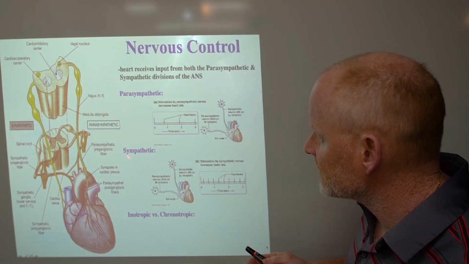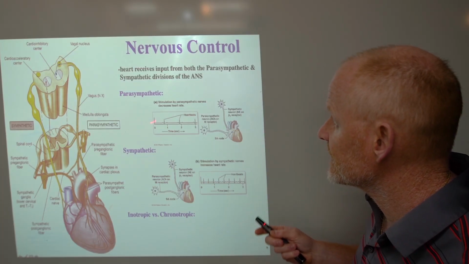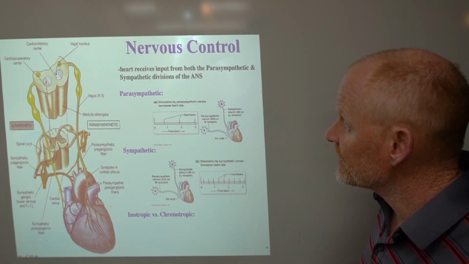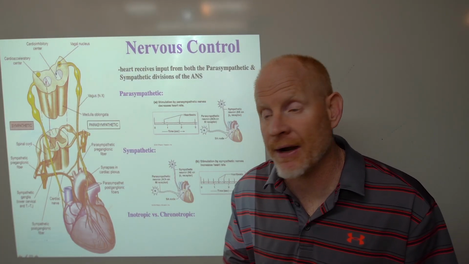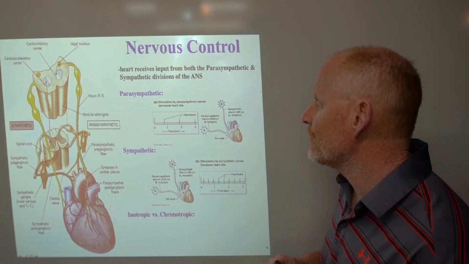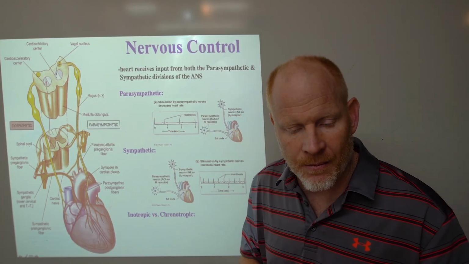Also, the sympathetic nervous system is going to open channels that are going to increase heart rate. The parasympathetic system is going to open channels that slow heart rate, or sometimes close channels that can slow heart rate. And so the next slide, I will show you how these two systems work on the heart muscle itself.